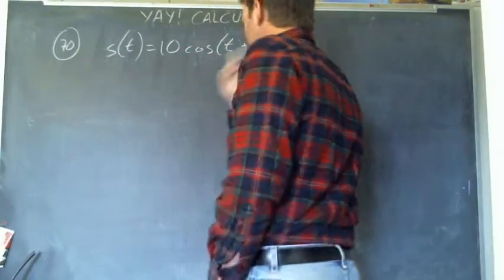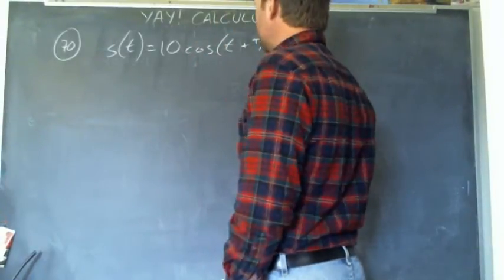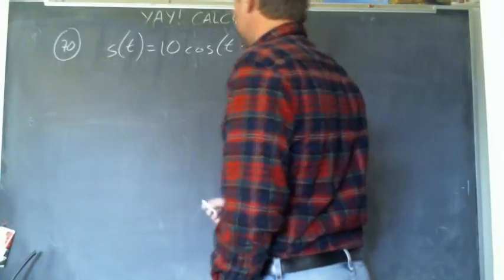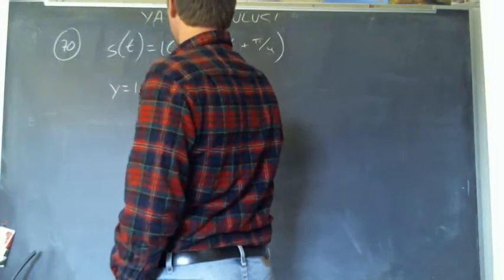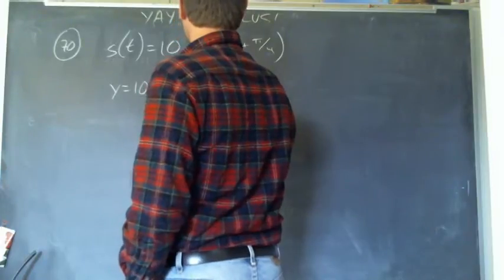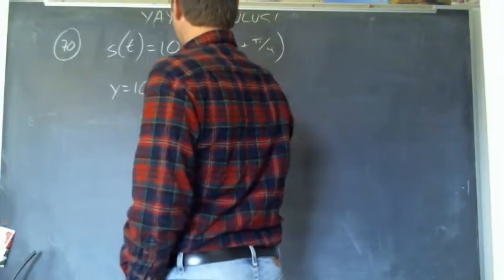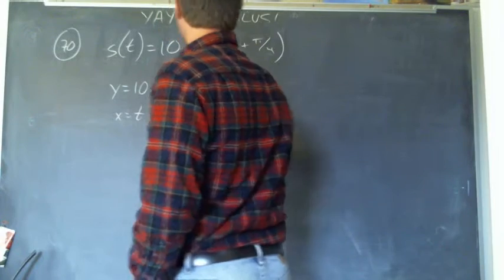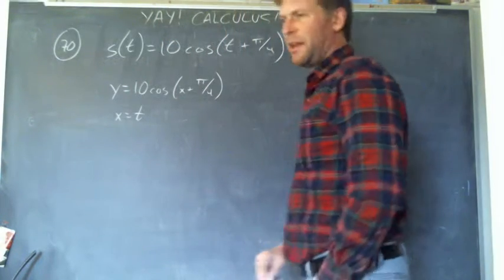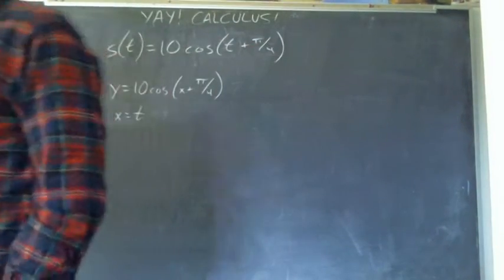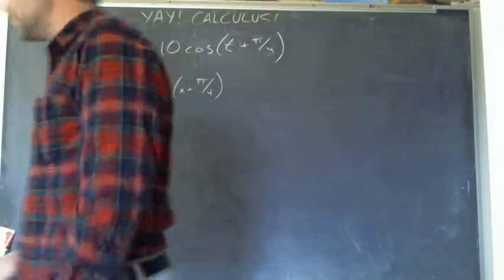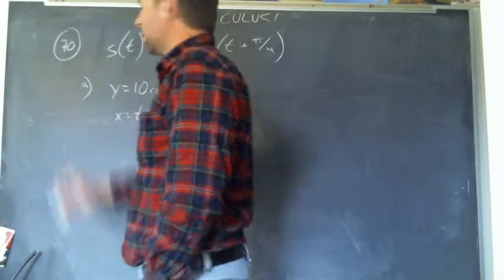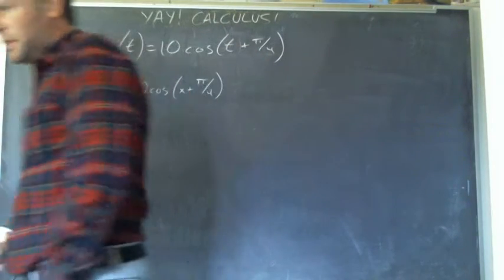That's in terms of t, and it's already straight. I mean, we could do y equals 10 cosine of x plus pi over 4 and have x equal t. I don't really see how that helps. But who knows? All right, so there's A. If the book gives me a different answer, I'll look at it later.